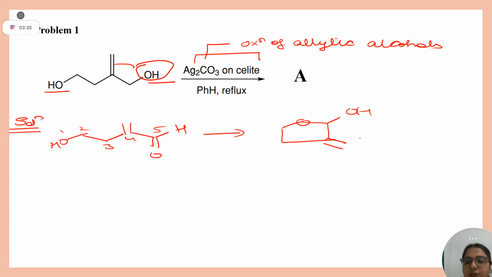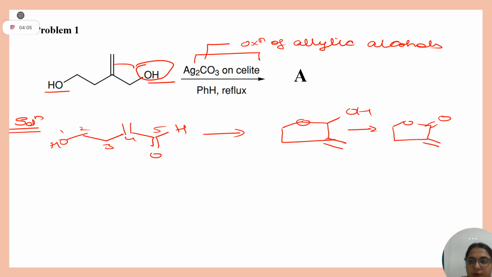Oxygen, CH2, CH2. Again, this oxidizing agent is present in our medium, so this lactol will be converting into lactone. So this is our final product. Is this clear to everyone?